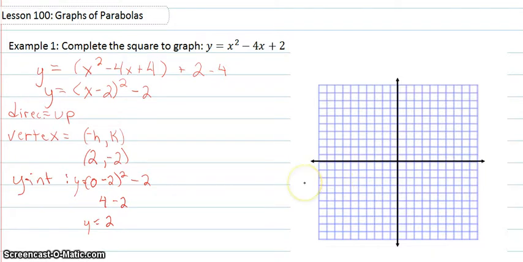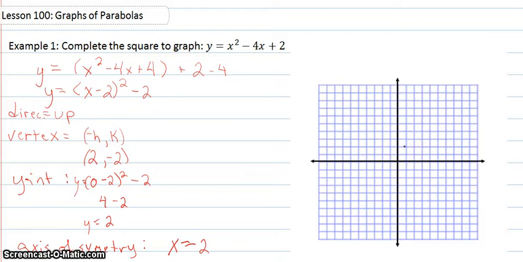So also I would want the axis of symmetry, which is x equals, and then I look at the vertex value, it's 2, so x equals 2 would be my axis of symmetry.